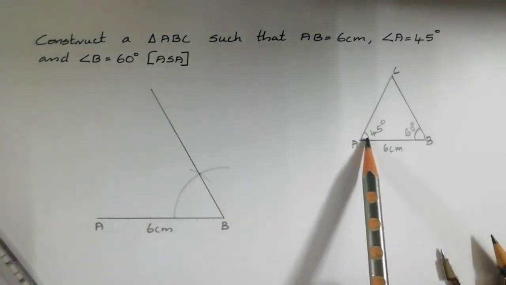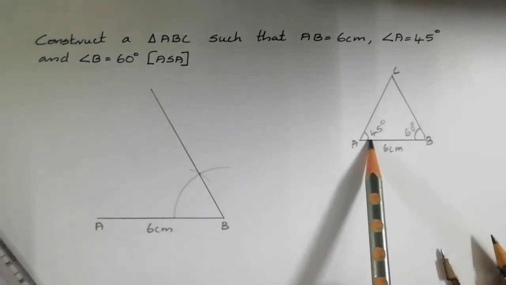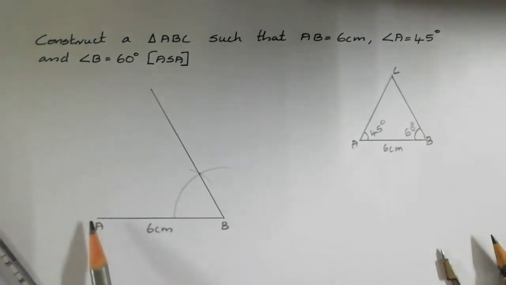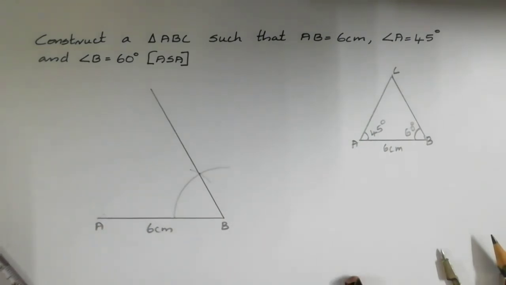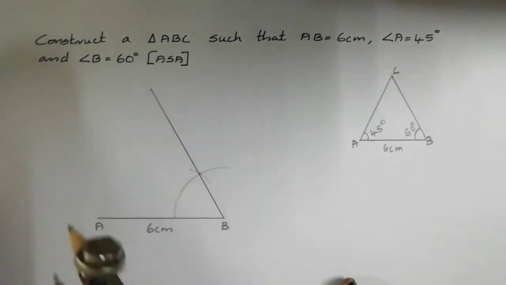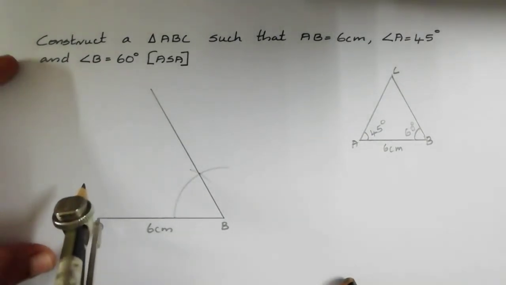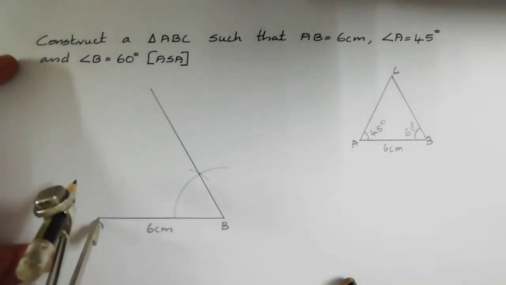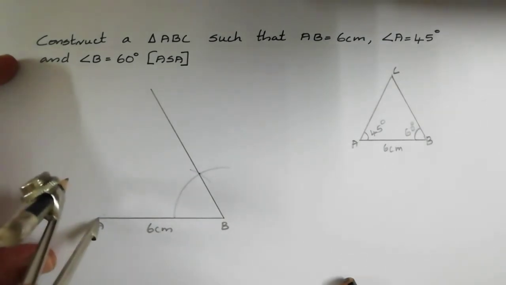Here, 45 degree. Angle A is 45 degree. First draw an angle of 90 degree and bisect it. 45 degree is half of 90 degree. With A as center, draw an arc of any radius.